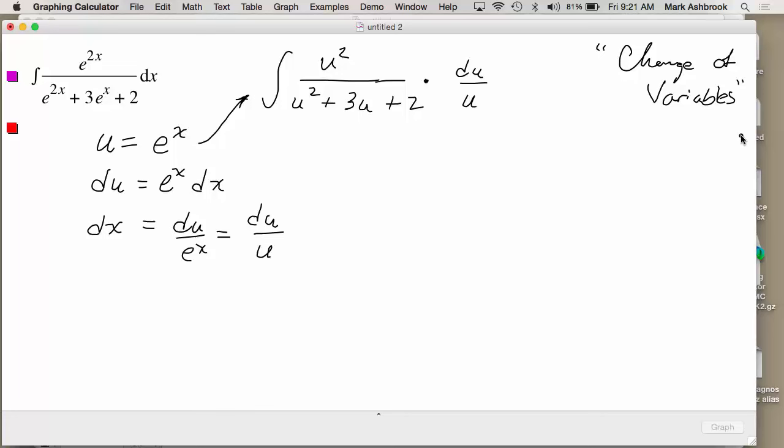So we change the variable to u. We say u equals e to the x, figure out what dx is, and now these integrals are equivalent, but they're just in a different variable. We call this change of variables. Okay, so now what can we do? We can say that u squared over u is just u to the first.